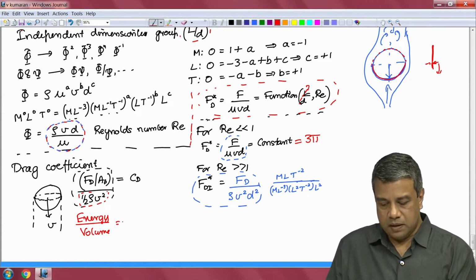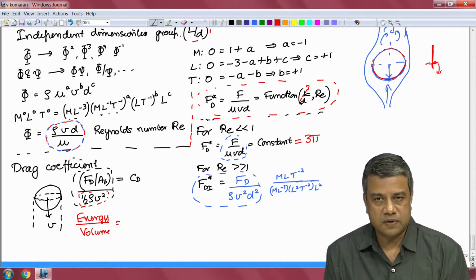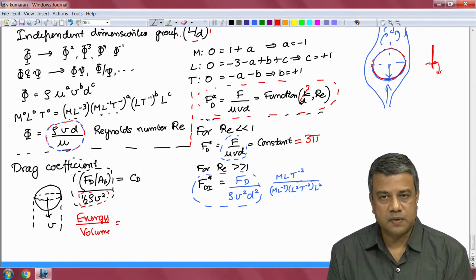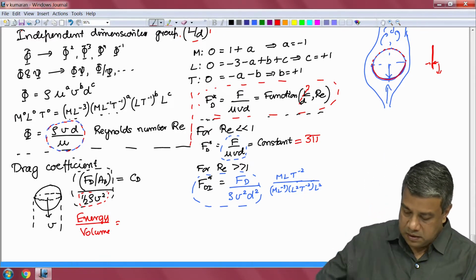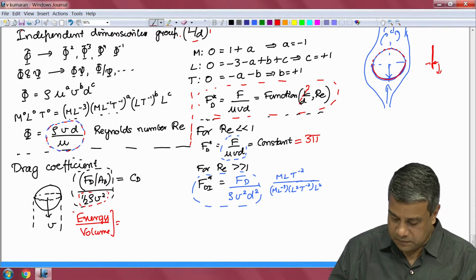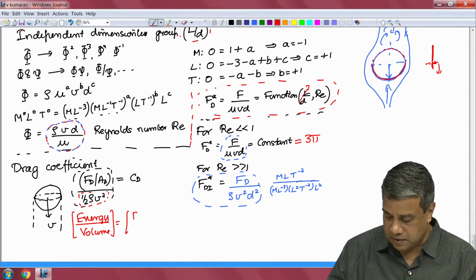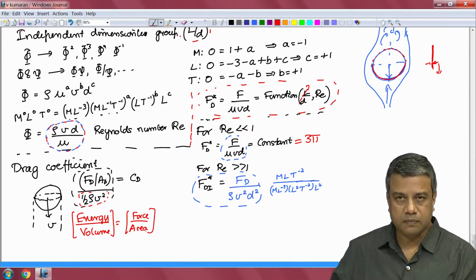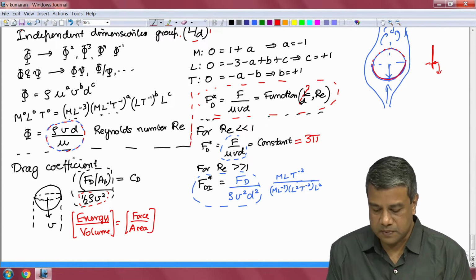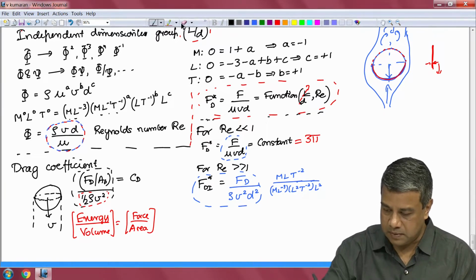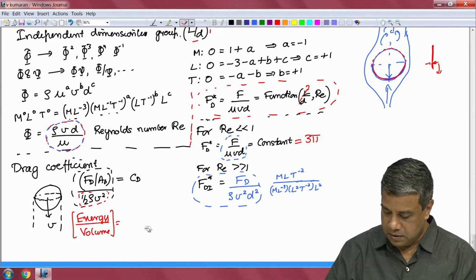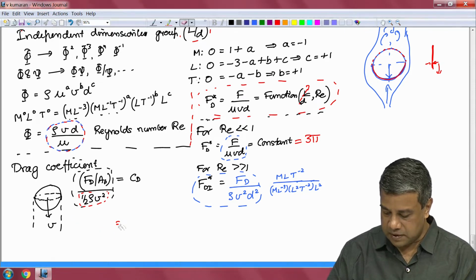Since energy is force into distance, energy per unit volume has the same dimension as force per unit area, which is the numerator. So, the dimension of energy per unit volume is the same as the dimension of force per unit area. If I take the force per unit area and divide by the energy per unit volume, I get a dimensionless group. So, that is how usually the drag force is defined.